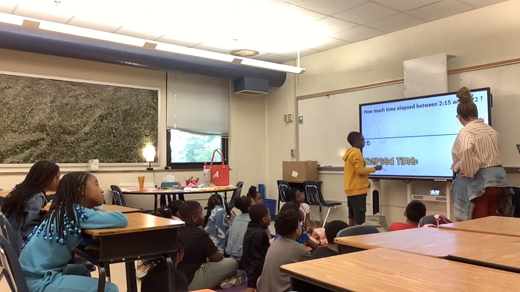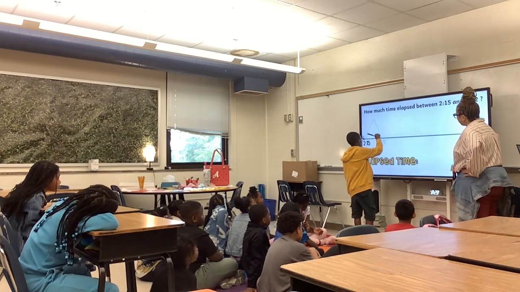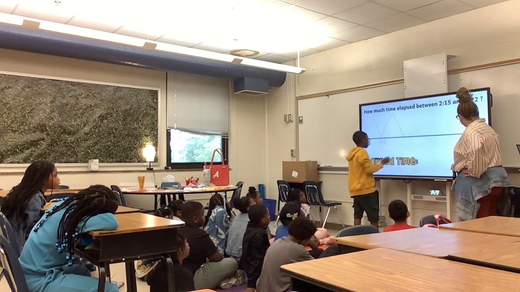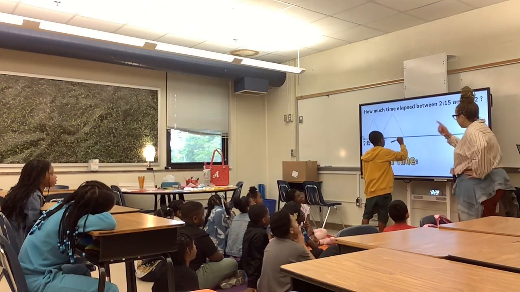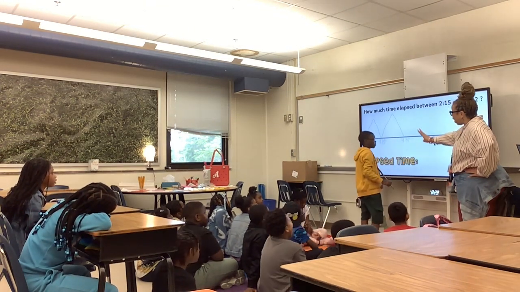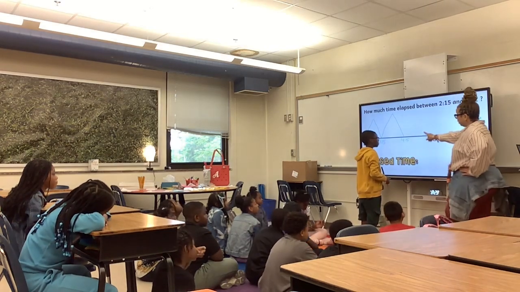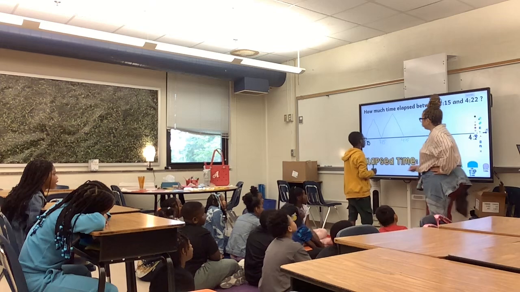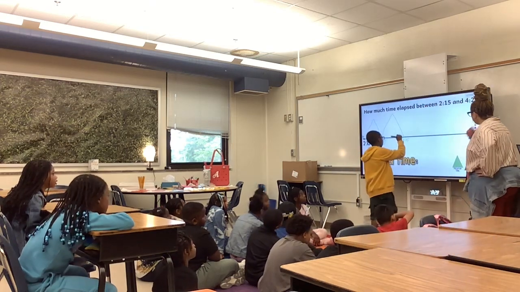And we're trying to get to 4:22. We got a long way to go. Okay. He drew another hour, so now what time is it? It is now 4:15. So far, our elapsed time is what? Just looking at our symbols, our elapsed time is what? 2 hours, all right? And we're trying to get to 4:22.